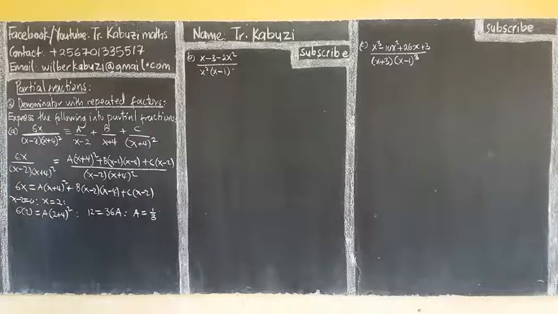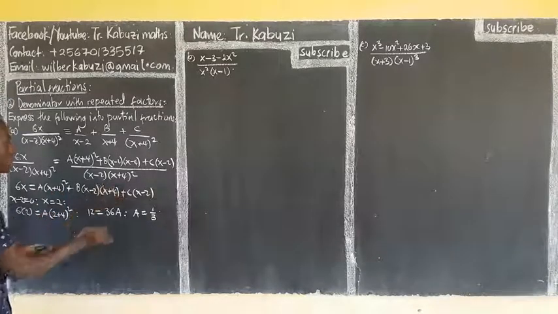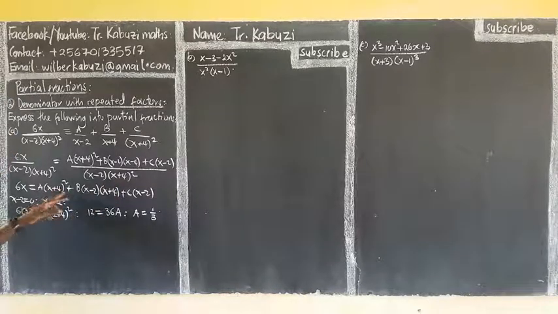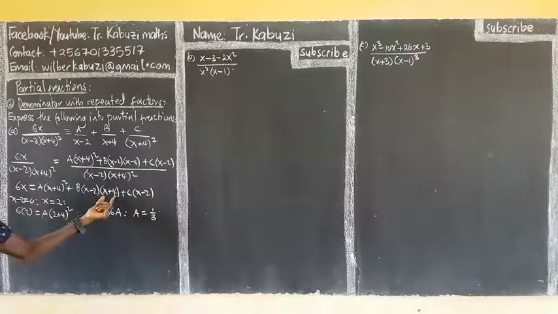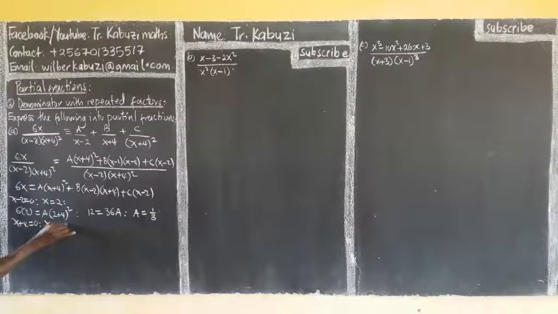As simple as that. Now, to eliminate this, if I want to get this, I equate the bracket which is not here to 0. So this bracket is not here, so I equate x plus 4 to 0. So now my x plus 4 is 0, so that my x is going to be negative 4.